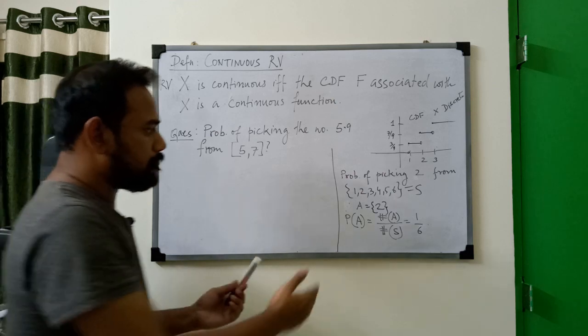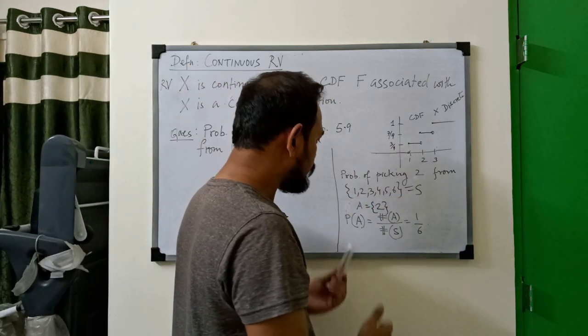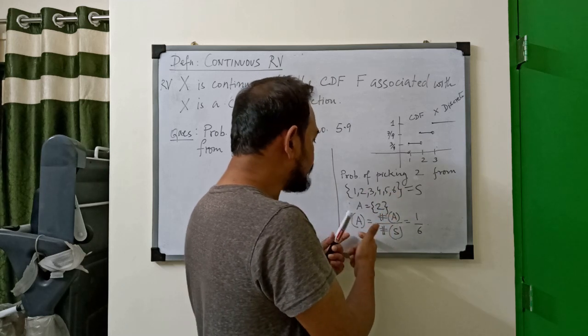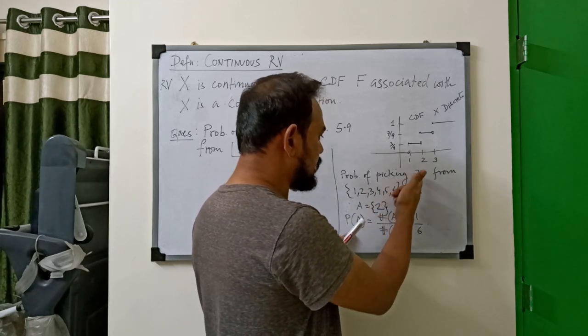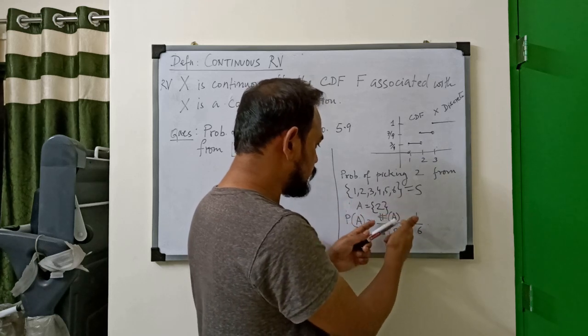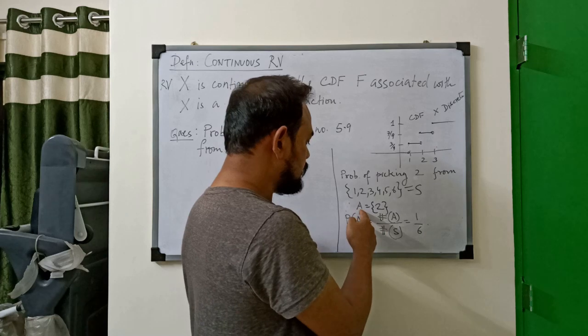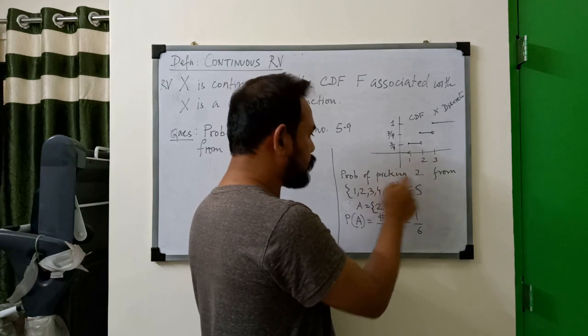If you had a discrete set like this, we could easily answer the question: what is the probability of getting a 2? You would just divide by the number of possible options, and on top you will have the event favoring the question, which is 2.